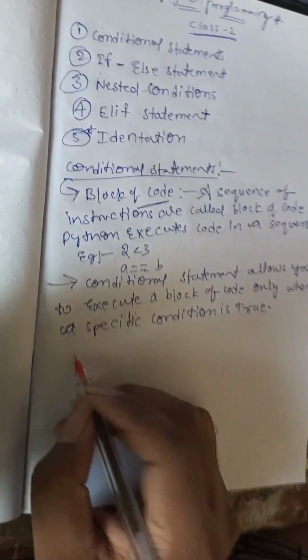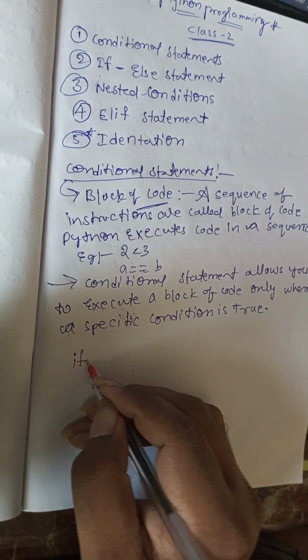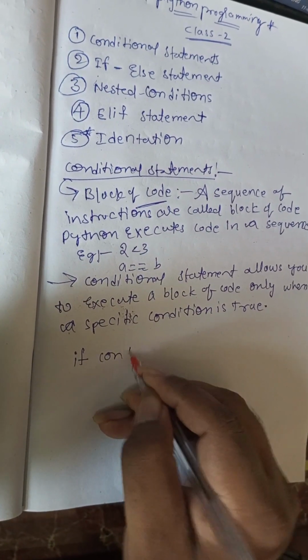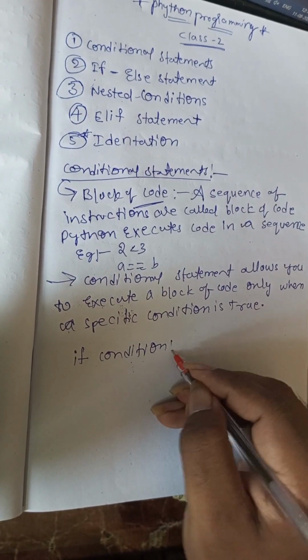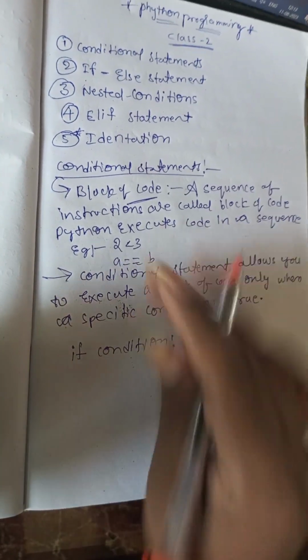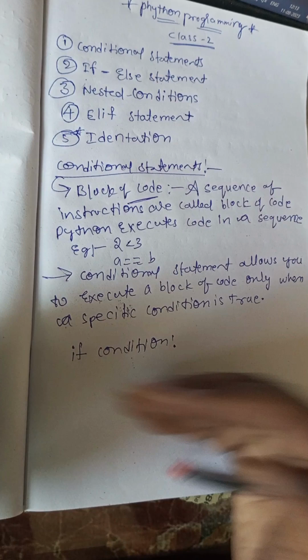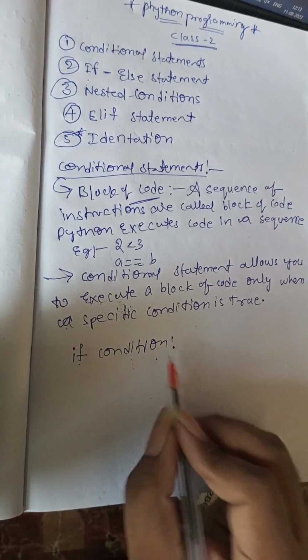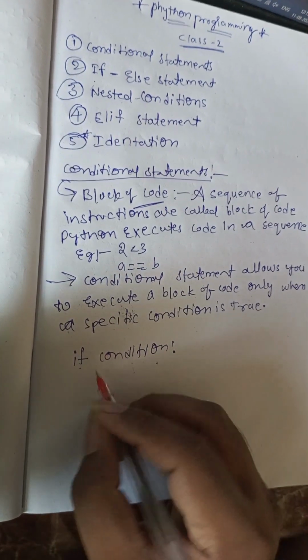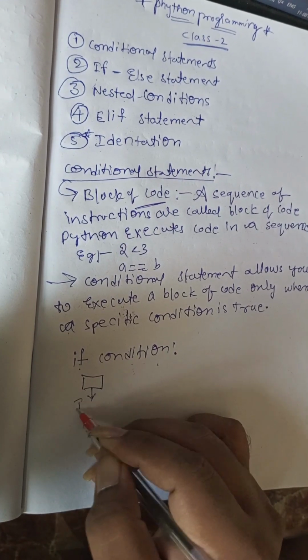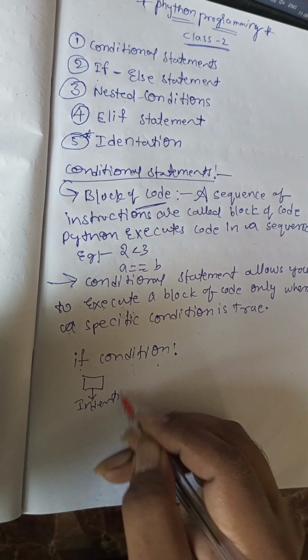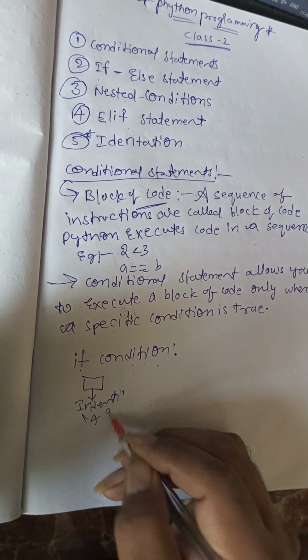Conditional statement means, for example, we have to take an if, I have written condition. See this, what is conditional statement? For example, if condition have taken, give some indentation, means space, it should be 4 spaces.